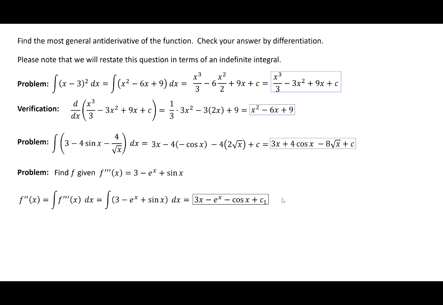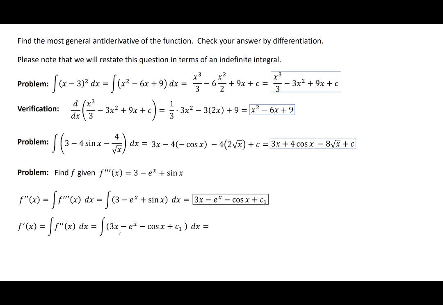would you agree the reasonable thing to do is to find f prime of x by integrating f double prime? That's exactly what I'm doing here. So 3x minus e to the x minus cosine x plus c1. Let's integrate that. You tell me. 3x. What's the integral of x? x squared over 2. x to the 1 plus 1 over 1 plus 1.